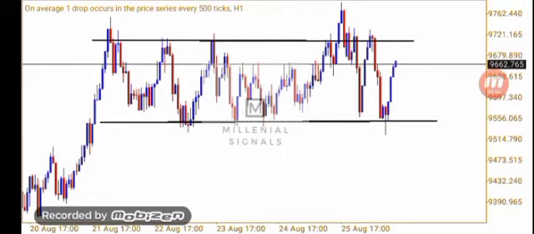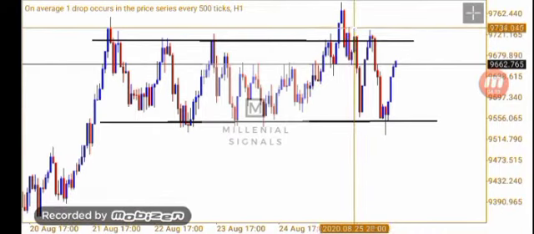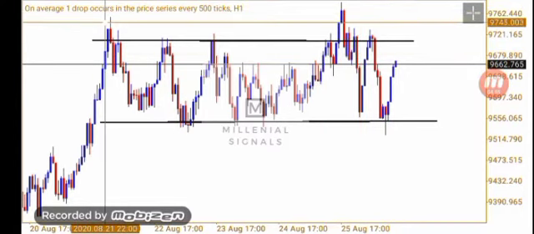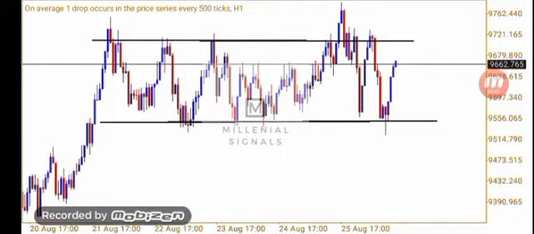Price reverses at that level, and also sometimes it doesn't. Sometimes price breaks those levels. Like here, you can see there was a breakout from resistance here. Also, there was a breakout here. So how do we know when to trade a support and resistance level? What should we be looking out for?